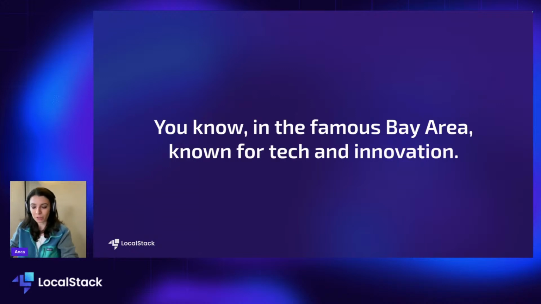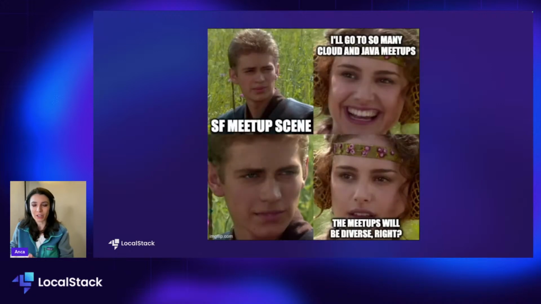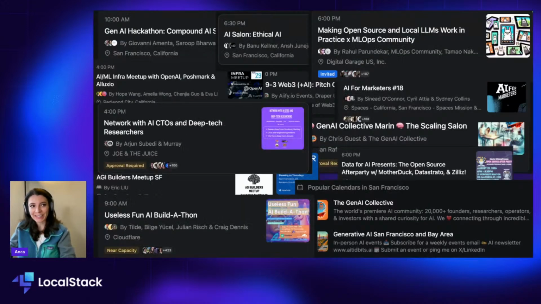I thought we have so many opportunities here to attend all the tech events and meetups. I thought I was going to be going to so many cloud events and Java meetups, because Java is generally my programming background, and that there would be all this diversity. But it turns out the reality is kind of different here.